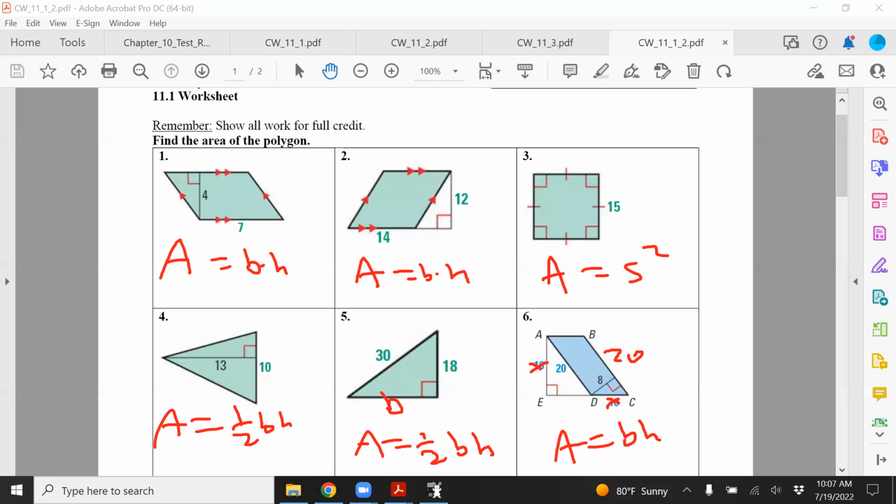So once you get that, you should have... Yeah, of course. We can add on.